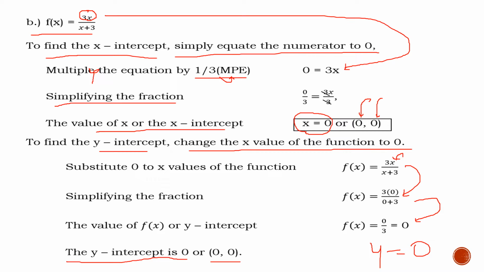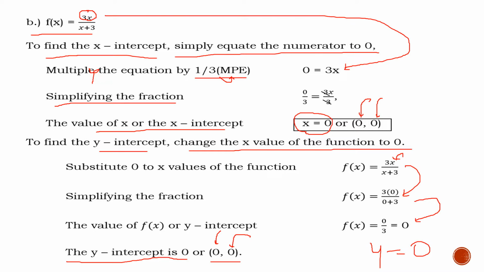So in finding the value of your y-intercept, your x here must always be equal to 0 all the time. But in this case, it's a coincidence that with this given, your y is equal to 0. Most of the time, there is a y coordinate value here that will represent your y-intercept.